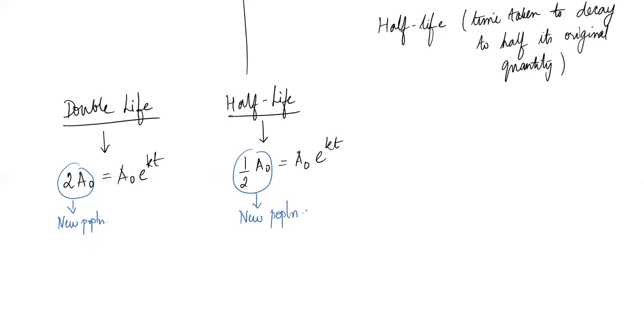So for double life, your new population, the y, is 2 times a naught. For half-life, the new population y is half a naught. And also remember that your k is positive for growth, and your k is negative for decay.